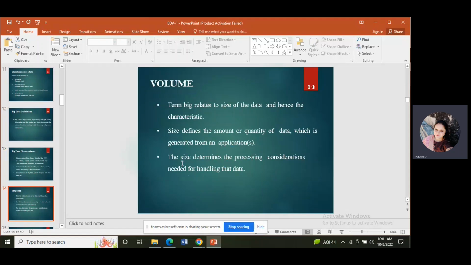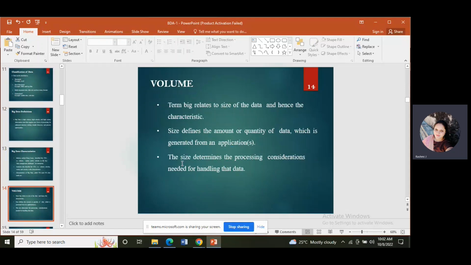How much data we have, maybe in the form of MB, GB or KB. That amount of data is normally generated from an application, and the size determines the processing consideration needed for handling that data. Based on the data, we consider the processing methods.